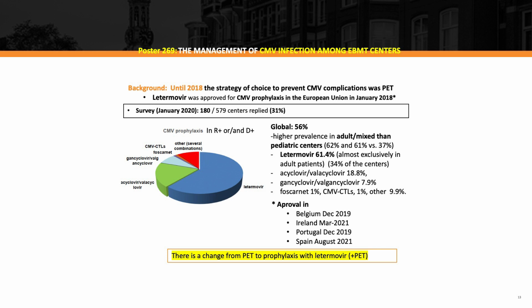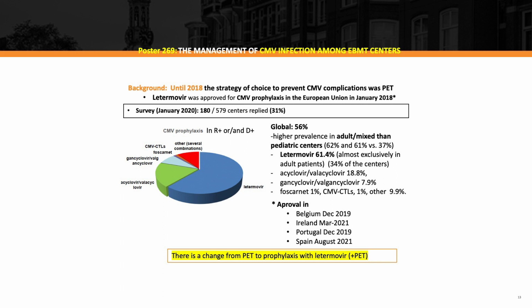This was in the European Union; in the FDA it was in 2017. But in Europe, the central approval doesn't mean that all the countries can start using the drug at the same time. And here you have some examples of 4 countries that started quite late after January 2018.